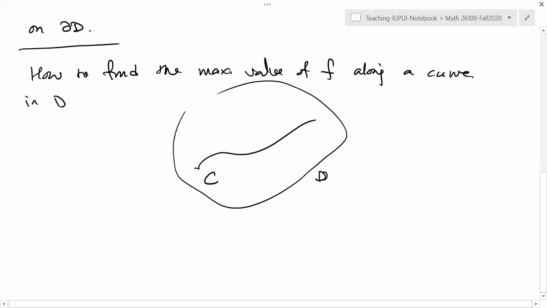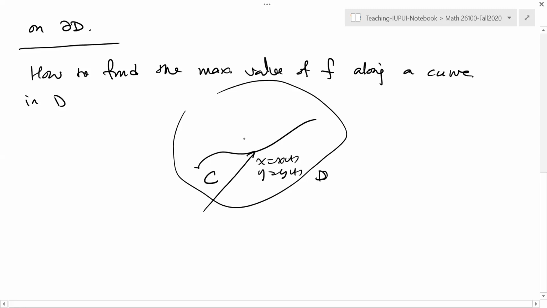The idea is very simple. Assuming the function is differentiable, this curve is described by x equals x(t), y equals y(t), where t equals t naught at the point.